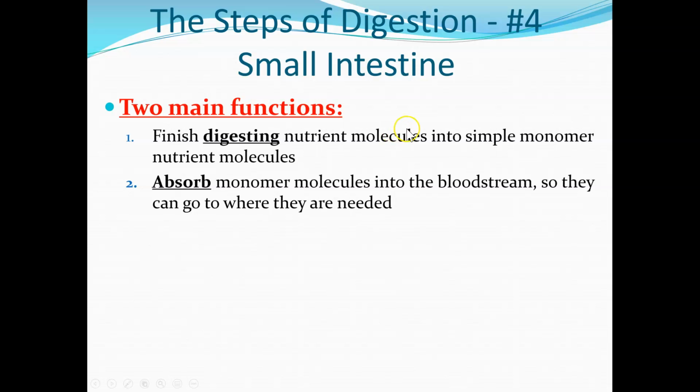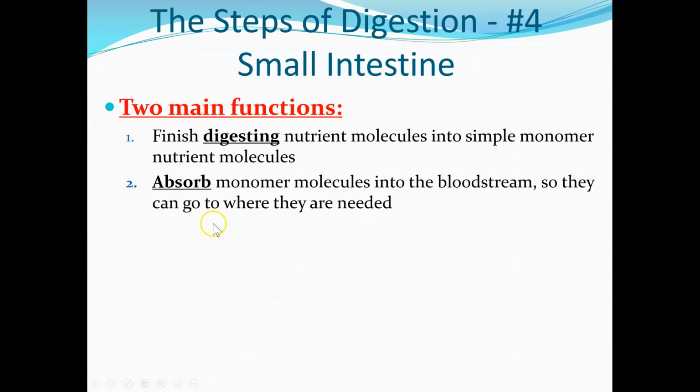So the small intestine has two main functions. You need to continue and finish the digestion of nutrient molecules. There are enzymes within the small intestine that will continue to break down those larger molecules into even smaller molecules.